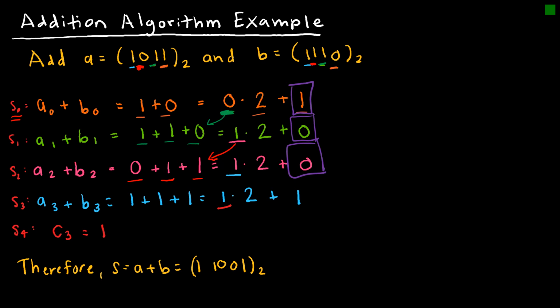And then I'm looking at the leftmost digits, so 1 plus 1. And then again, I'm taking the carry of 1, so 1 plus 1 plus 1 is 3, which means I have 1 2, but then I still have 1 left over. And then it's easy to just say, okay, we're all done here, but keep in mind, I still have a 1, which I need to make sure I'm not just getting rid of.